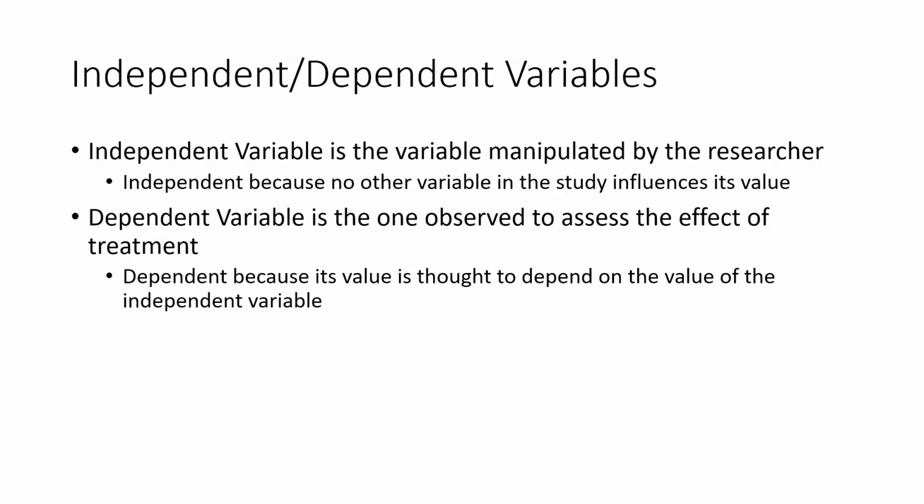The dependent variable is the one that we observe to assess the effect of the treatment. It's called dependent because its value is thought to depend on the value of the independent variable. So the grouping variable, whatever the experimenter decided is going to be your condition, is going to determine what happens to your outcomes. That's why we call it dependent, because it depends on which group you're in. It depends on your independent variable.